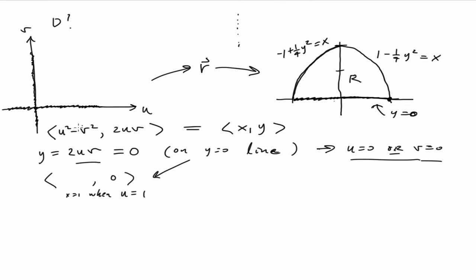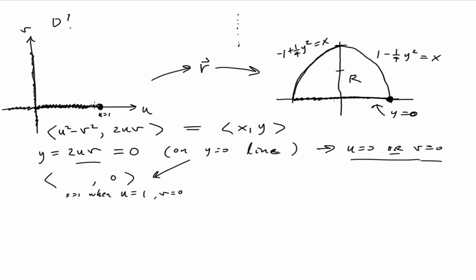All right? And v is equal to 0. That's a good way to do this. All right, so now I know that if v is equal to 0, and then u is equal to 1, this point right here corresponds to that point right there.